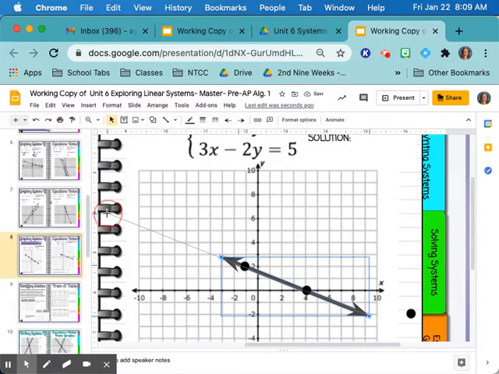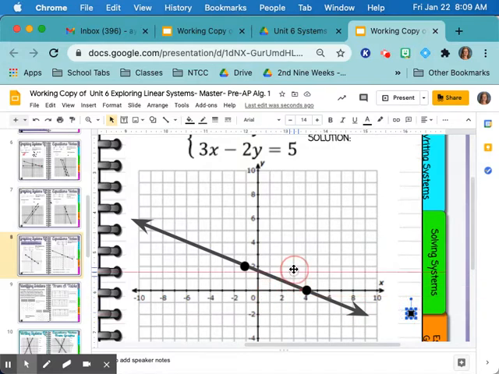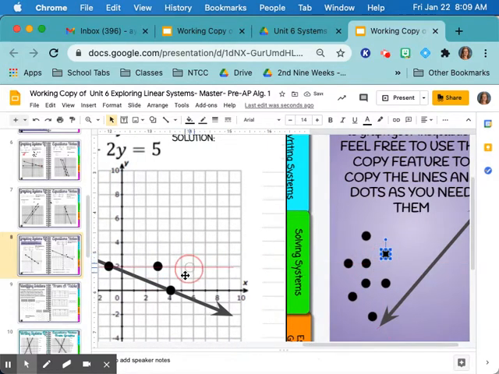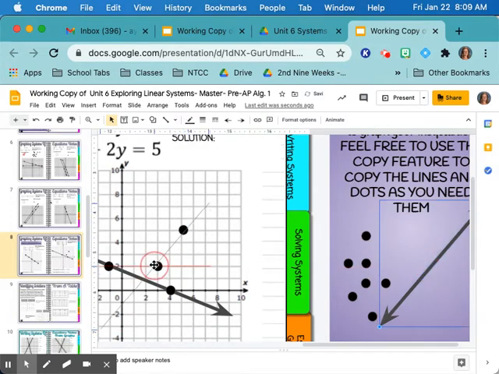Oh, that looks pretty good. Okay. And then the next one, 3, 2, and 5, 5. Does everything look right?